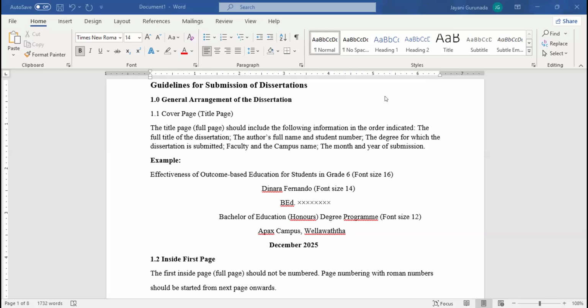If you have a faculty, do you have faculties in your university? You are all doing education, so you don't have a faculty, it seems. Then your month and the year of submission. Here I have given an example. This is the topic I just put for an example: effectiveness of outcome-based education for students in grade 6.